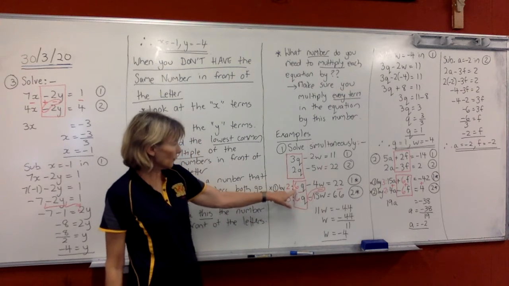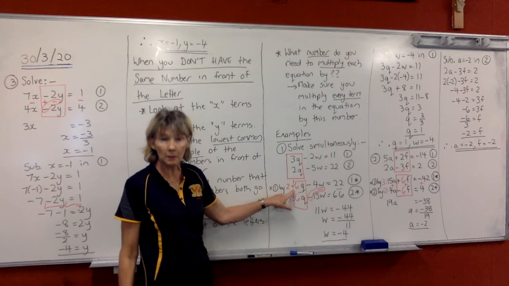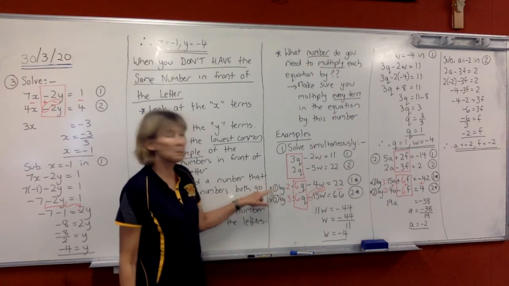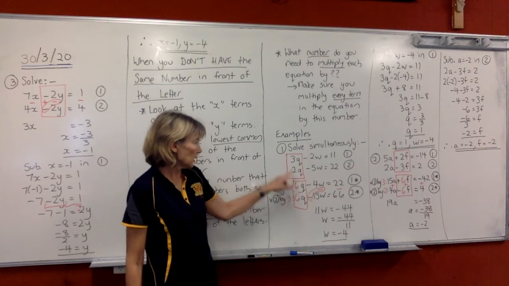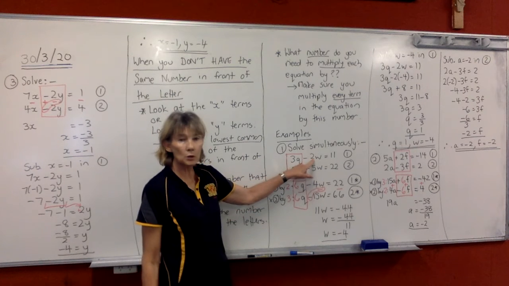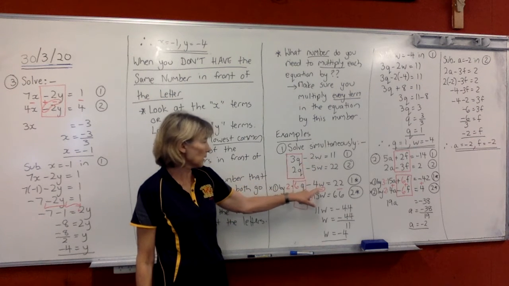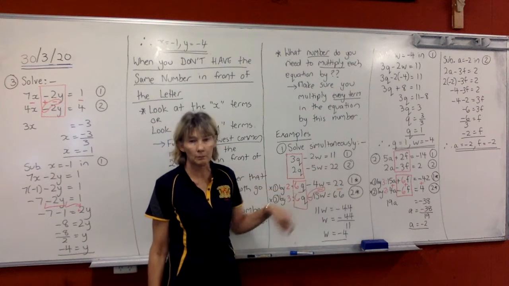So if you have a look at the first one, to go from 3q to 6q, you've had to multiply by 2. So we're going to multiply the whole of equation 1 by 2, every term. So 3q times 2 is 6q, minus 2w times 2 is minus 4w, and 11 times 2 is 22.